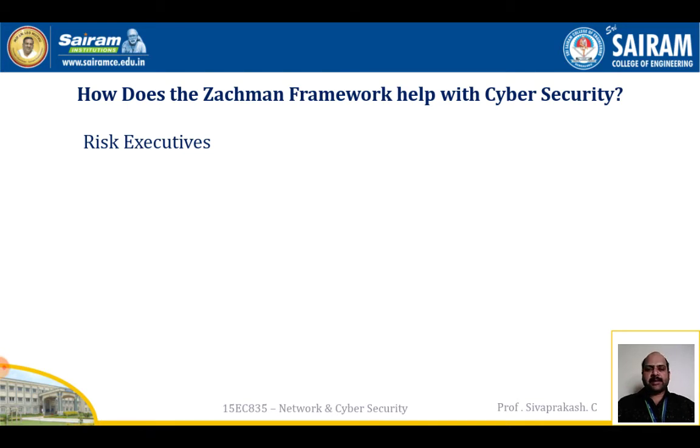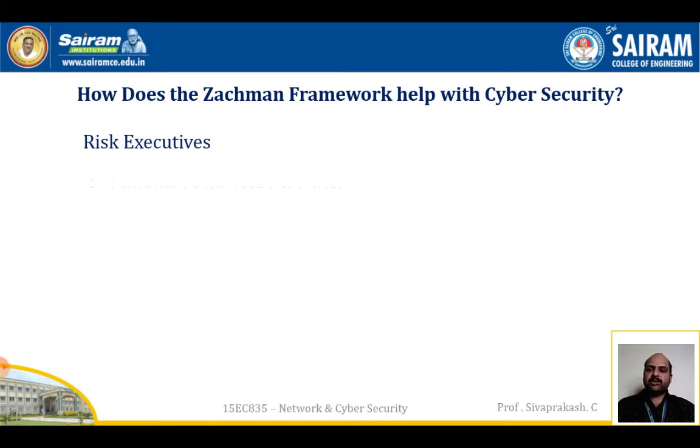How does the Zachman framework help with cybersecurity? Actually, NIST SP 800-39 recommends the establishment of an organization-wide risk management activity. This activity is responsible for the enterprise's risk executive function.